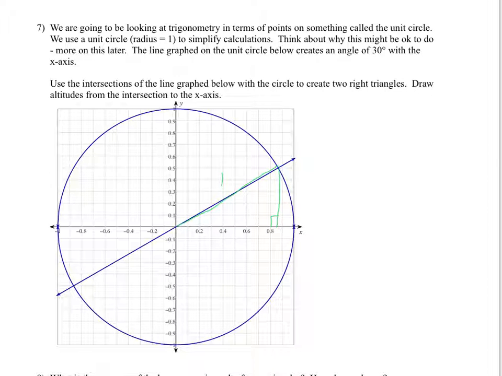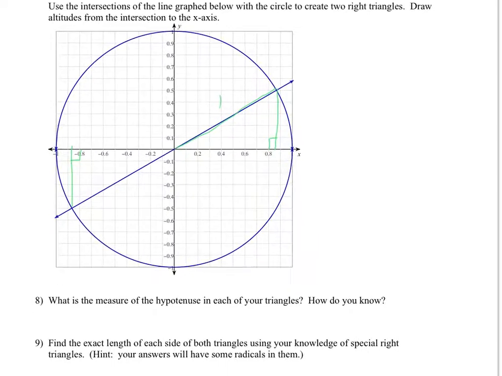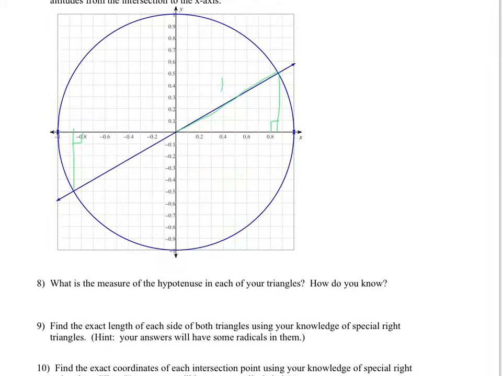Going with this, we're going to make a right triangle, and altitudes are going to be drawn to the x-axis. The measure of the hypotenuse in each triangle is going to be 1, because they are radii, and in my circle the radius is equal to 1.